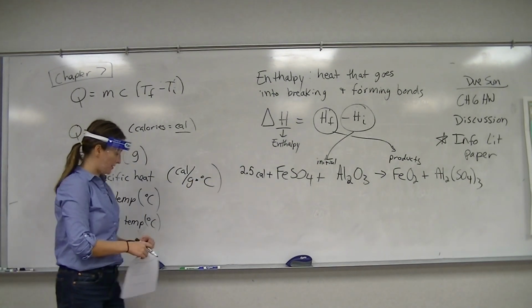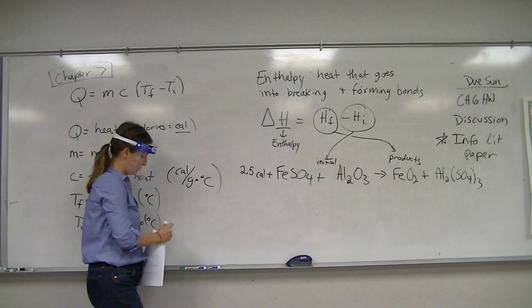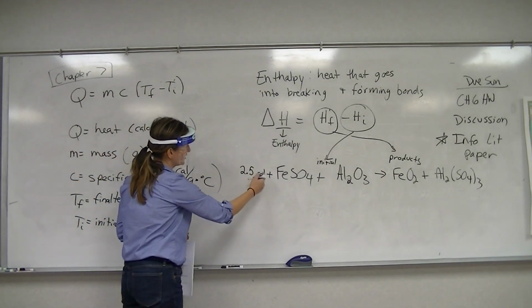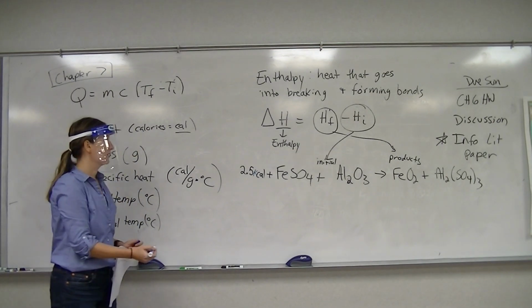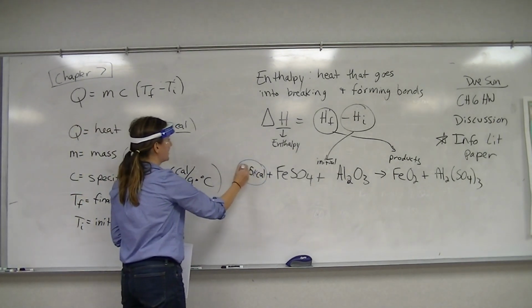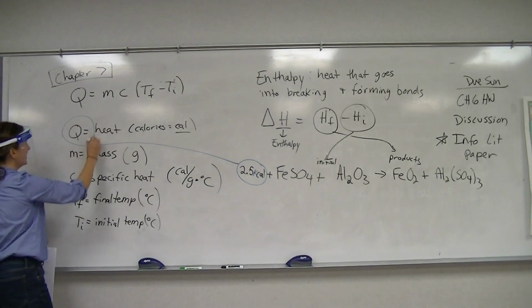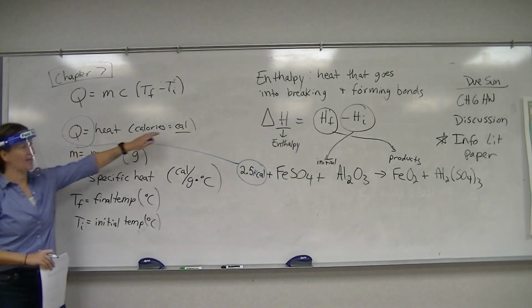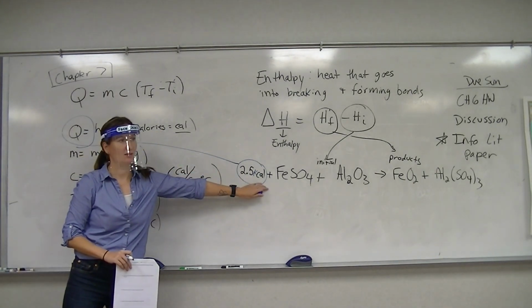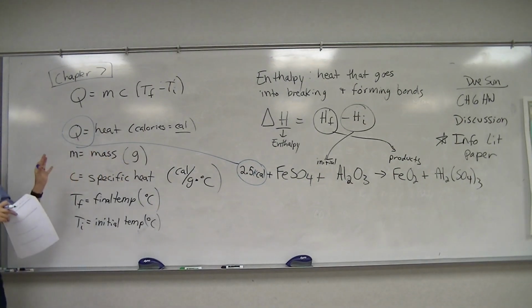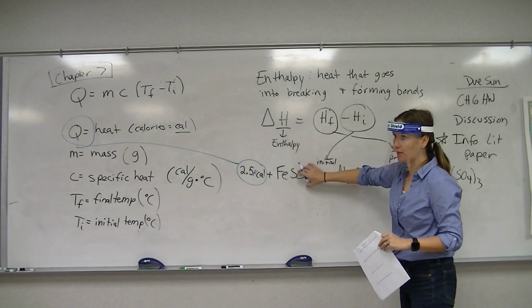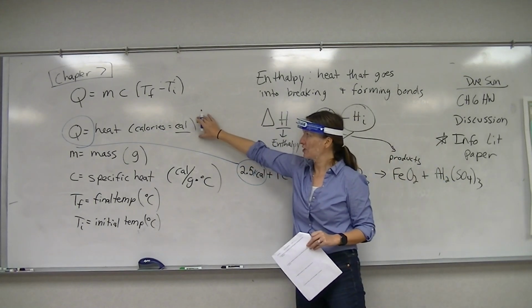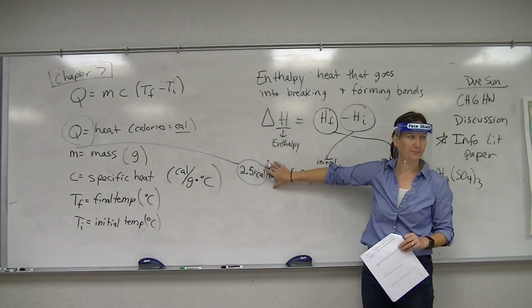What this number is, and it'll say either calories or kilocalories with a K. This number is the actual calculated heat that we're doing here. This is how they're related. This is the heat that's going into breaking the bonds, and this is Q, the actual value.